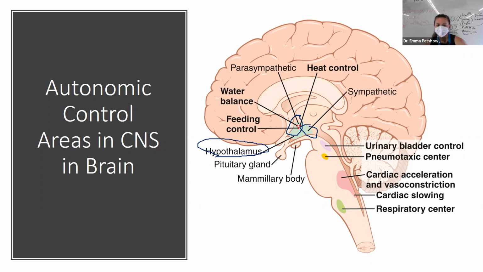And then you can see in your pons and medulla, you can start seeing these different specific control areas. We remember the pneumotaxic center when we talked about the lungs, close to the urinary bladder center, the cardiac center is down here, cardiac slowing, and then our other respiratory center we talked about, all in this pons and medullary area. But if you have to know one thing from this picture, know that the hypothalamus is directly involved in control of your parasympathetic and sympathetic system.